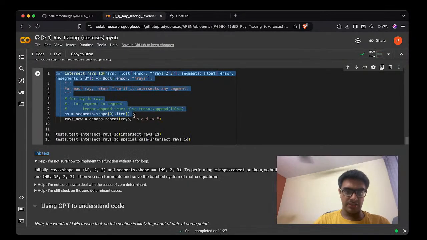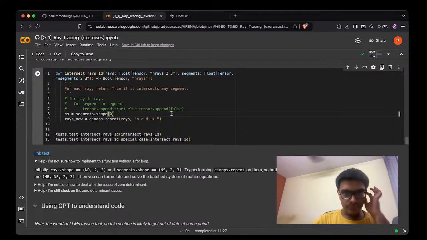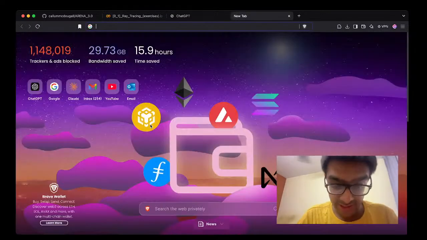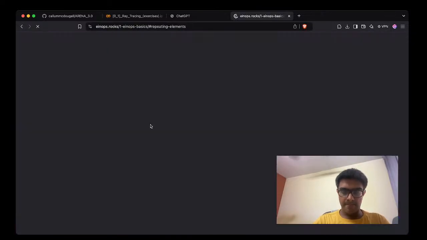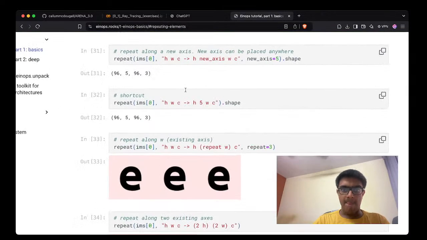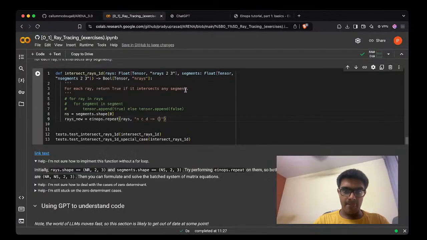Oh, it's all integer. I see. Forgot how to. Let's einops. Okay, so we do.